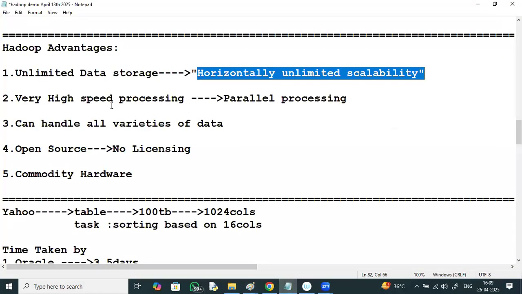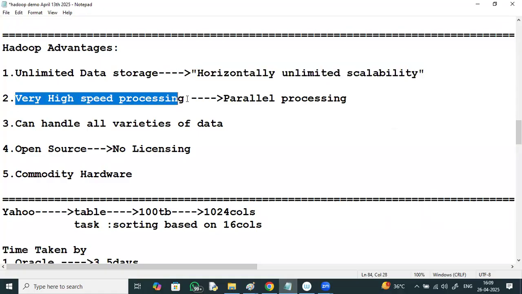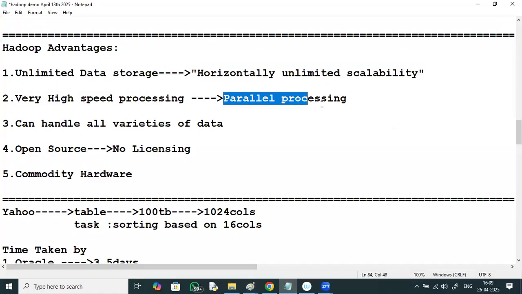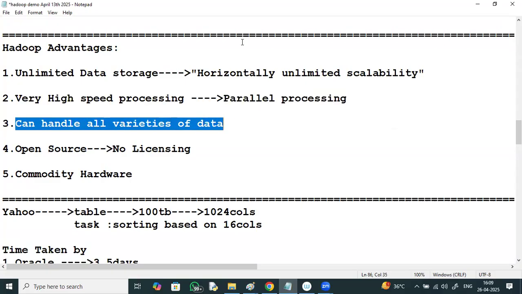Unlimited data storage is possible. Very high speed processing because of parallel processing. It can handle all varieties of data.